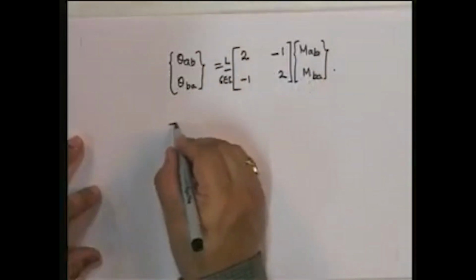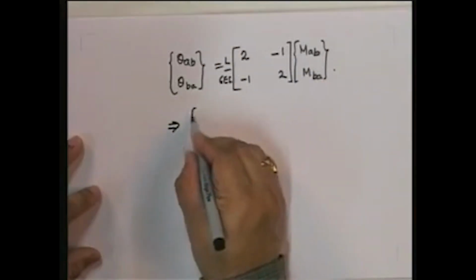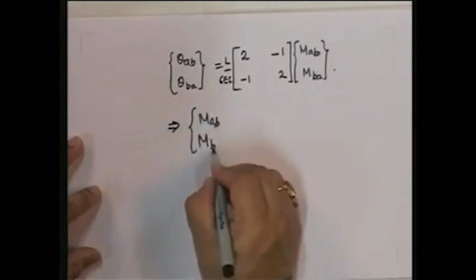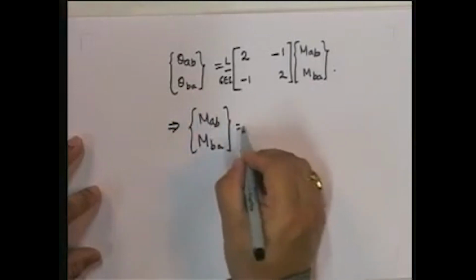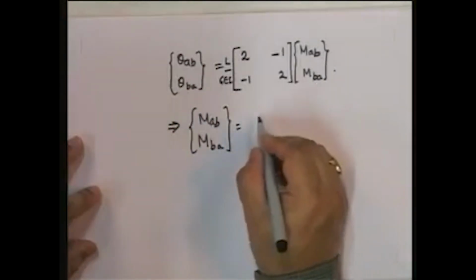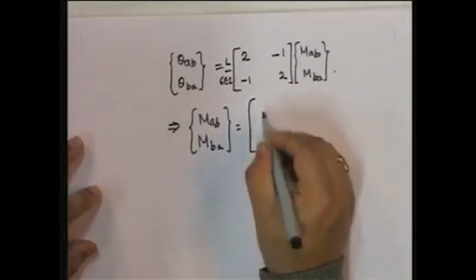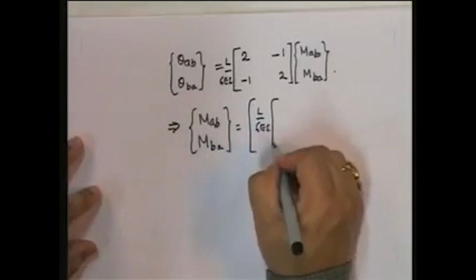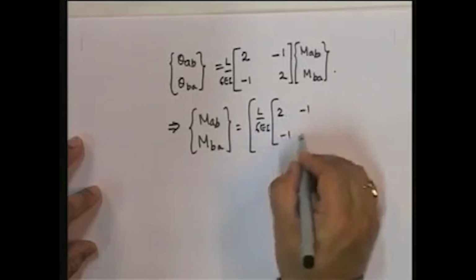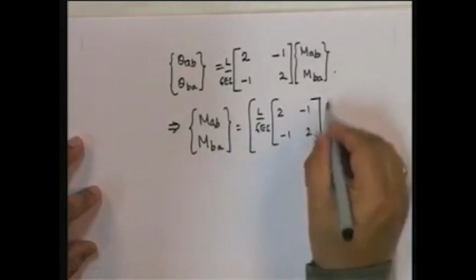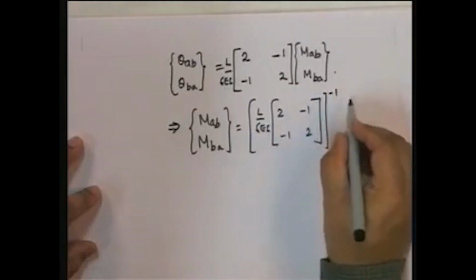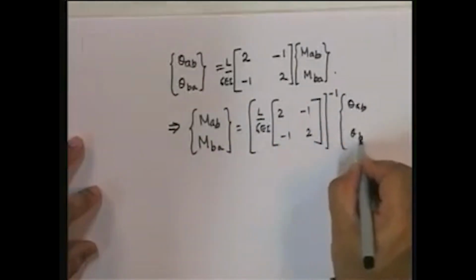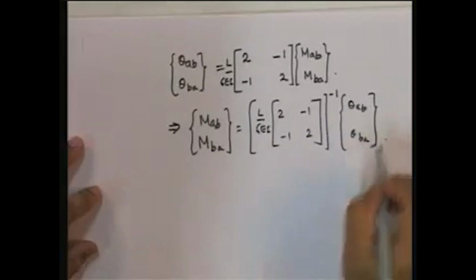So this implies that MAB, MBA is equal to this inverse into theta AB, theta BA.